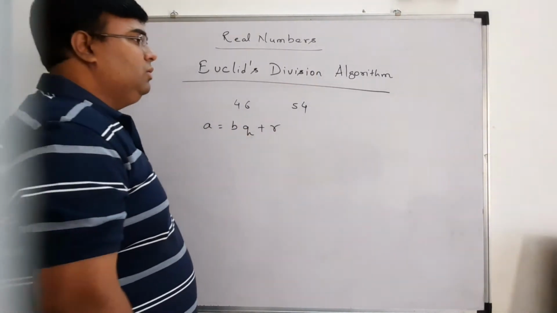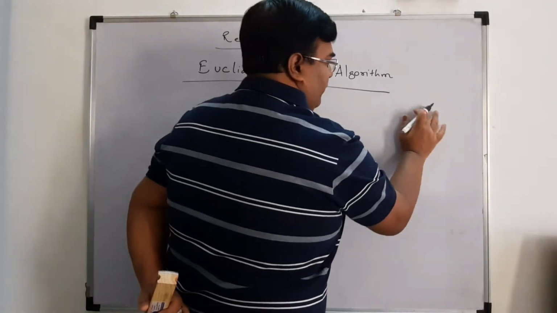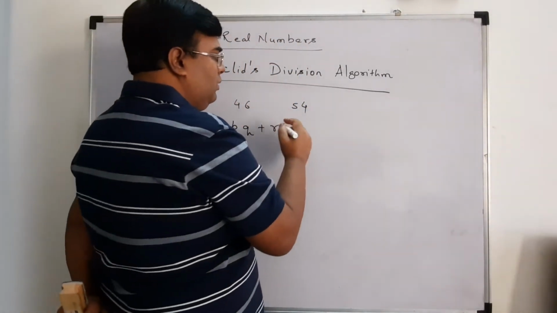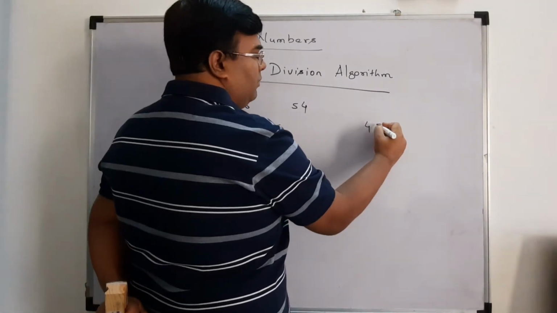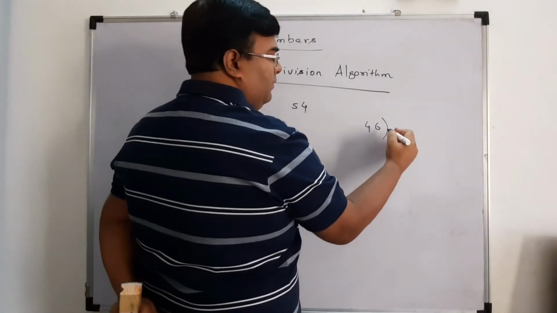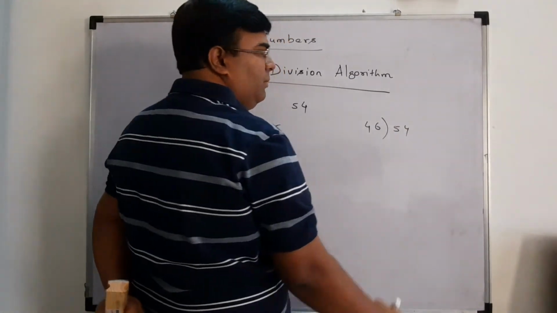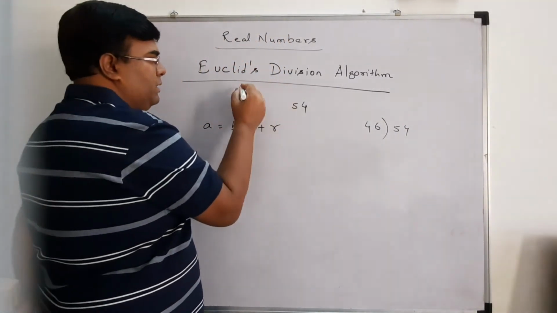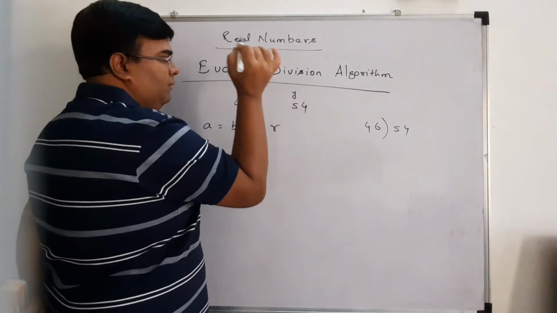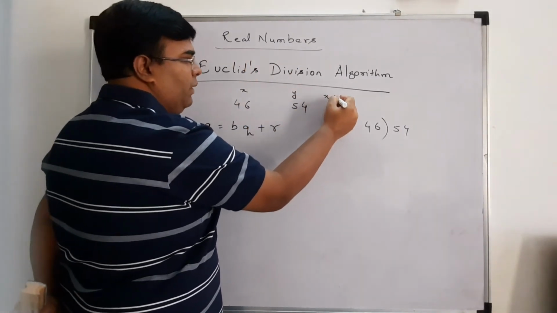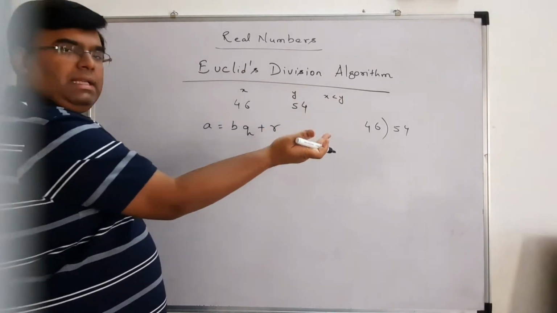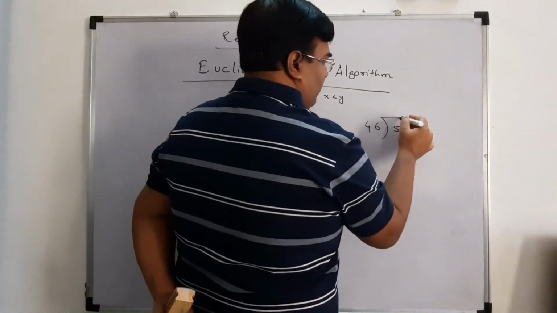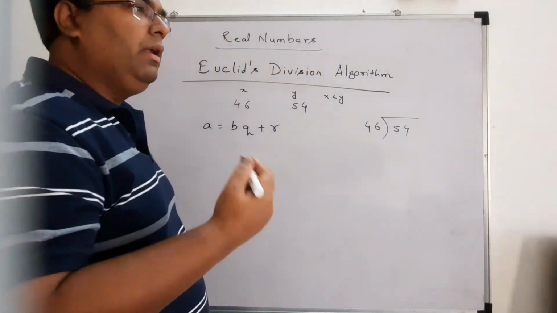Okay, so if you remember how to find HCF by division method, what we do, we take the smaller number outside and the bigger number inside, right? These are two numbers, suppose x and y. So our x is less than y, hence we will take x outside and y inside, and now we will divide.